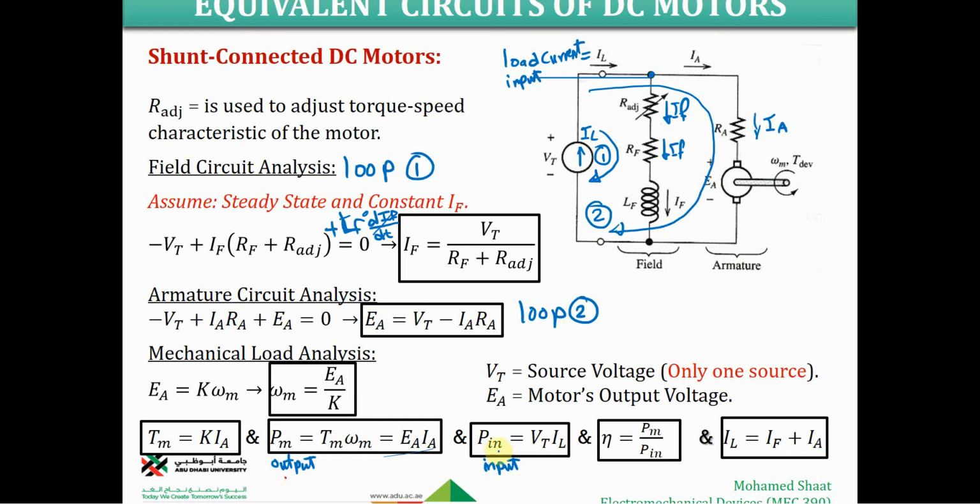You're going to end up with the input electrical power. Then if you divide P out by P in, you're going to end up with the motor efficiency, how much it is. Make sense? So this is another configuration, and we knew how we can calculate the electrical motor efficiency for this shunt connected DC motor. Make sense?